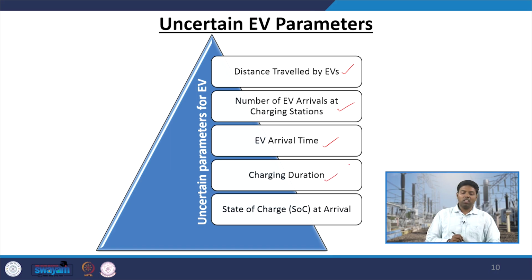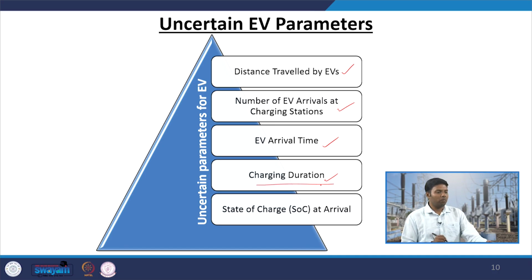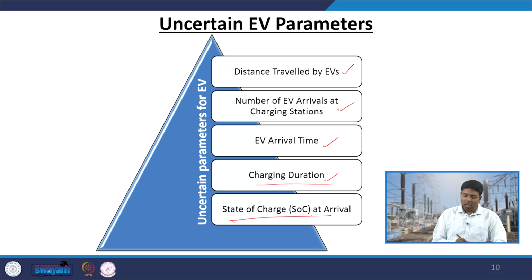Fourth, charging duration, that means depending upon the car battery or your charging port, how much time it is taking. It can take 30 minutes, it can take 1 hour, it can take even 4 hours. So, how much time it is taking is also your uncertain parameter. And at the last, at which SOC level that electric vehicle is coming. That means what is the battery energy level of your electric car.